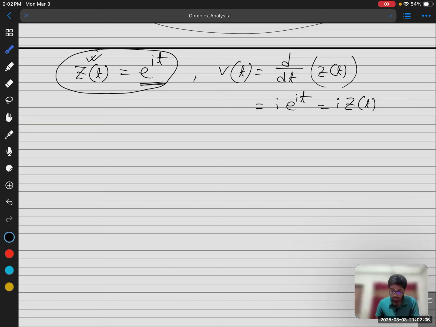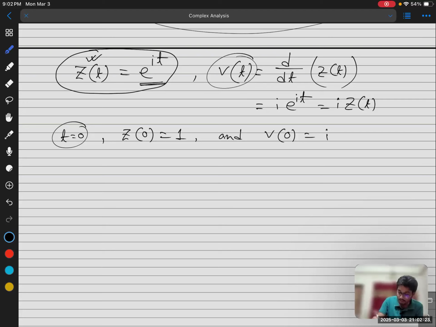So as the initial position vector at t equal to 0, z of 0 is basically 1, and from here v of 0 will be i.